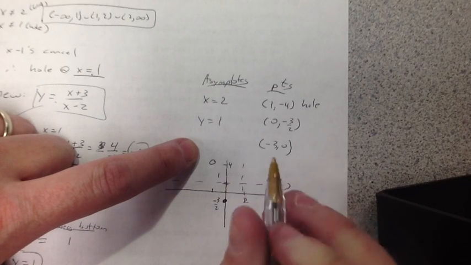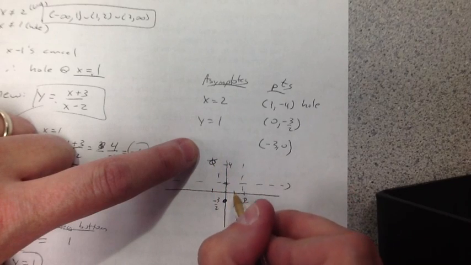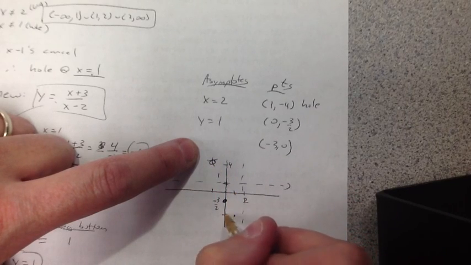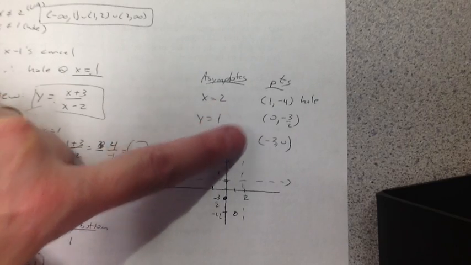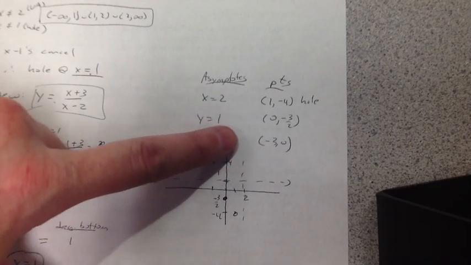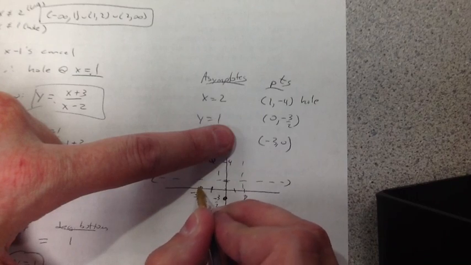Is that... Oh, so that's embarrassing. It's at 1, negative 4. Sorry, it's at 1, negative 4. I drew my hole wrong. Sorry about that. Please be careful. Make sure you fix that, okay? And at negative 3, 0. So here's negative 3, 0.